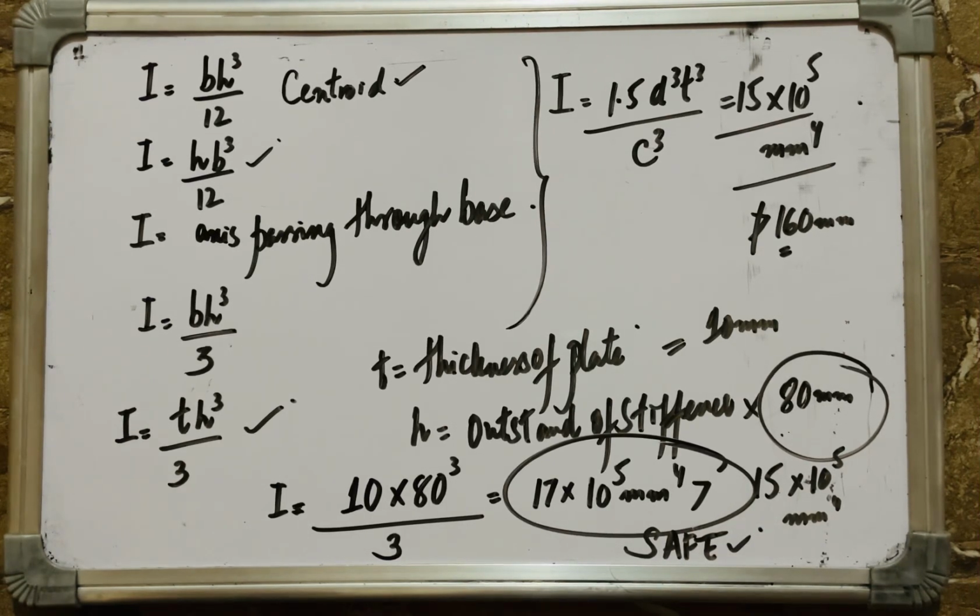Once again, repeating that we have to design the intermediate stiffeners in steel truss bridges for various purposes, and this is absolutely dependent on the ratio d by t. If d by t is greater than 90, we have to provide vertical stiffeners. If it's greater than 200, then horizontal stiffeners.